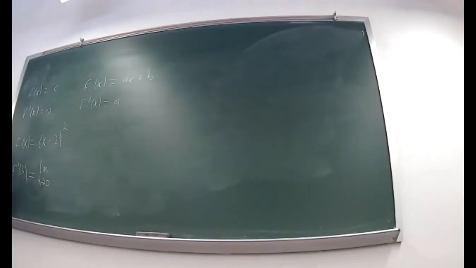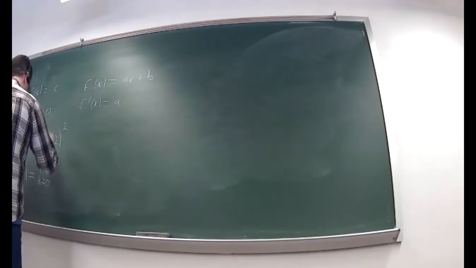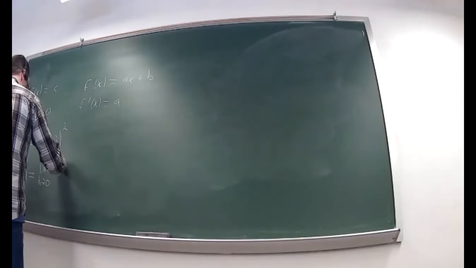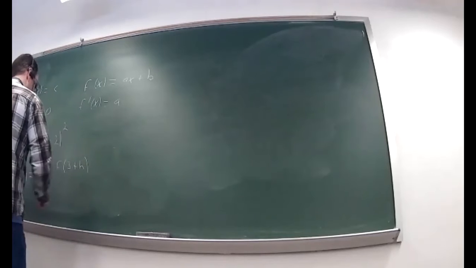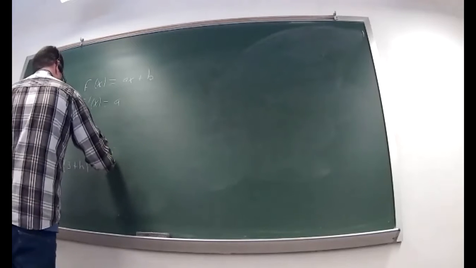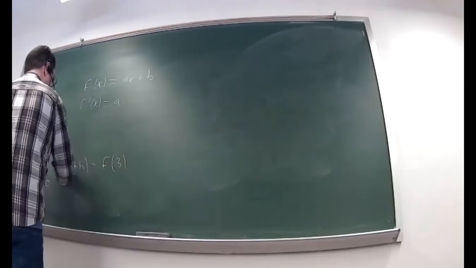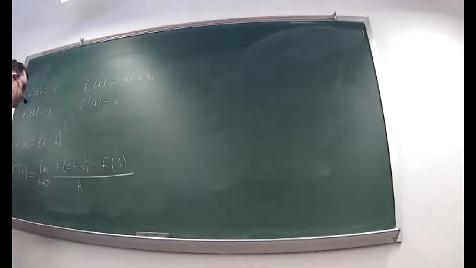So f prime of 3, by definition, is equal to the limit as h goes to 0 of f of 3 plus h minus f of 3 over h. So it's just f prime of x, but I've substituted in 3 instead of x.